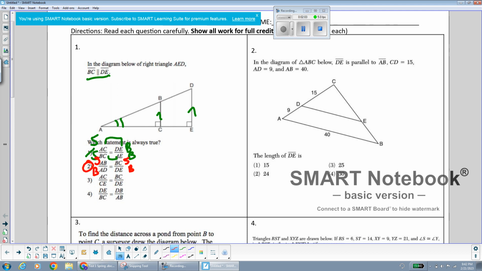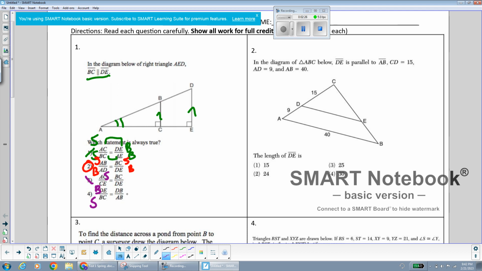Let's take a look at 3 and 4 and just talk about why they're not correct. So AC is from the small triangle. CE is not from any triangle. That's not a side of the small triangle. That's not the full side of the big triangle. That's not correct. DE is from the big triangle. BC is from the small triangle, and they do correspond.